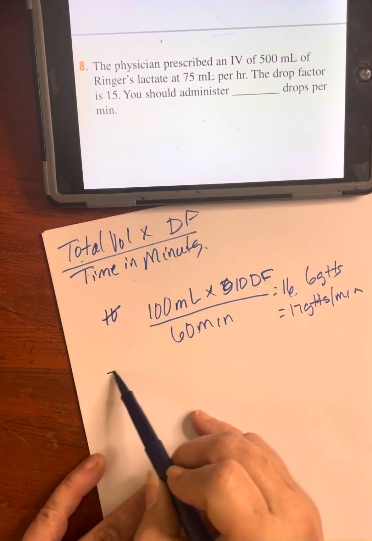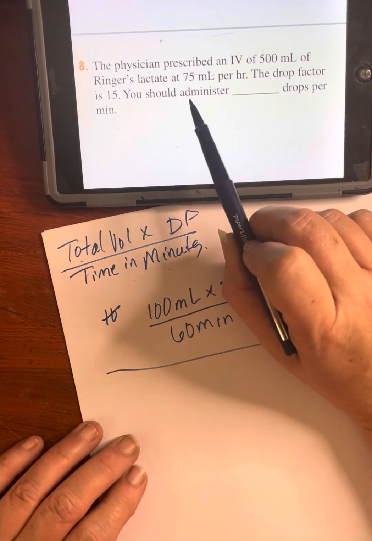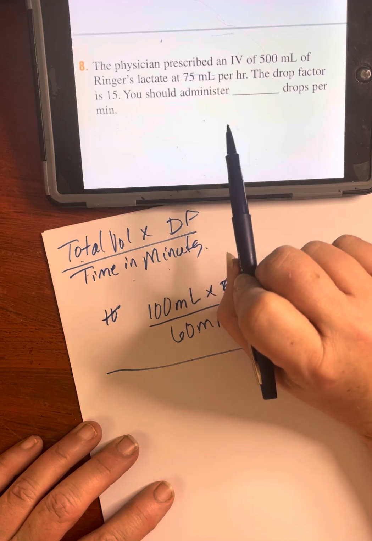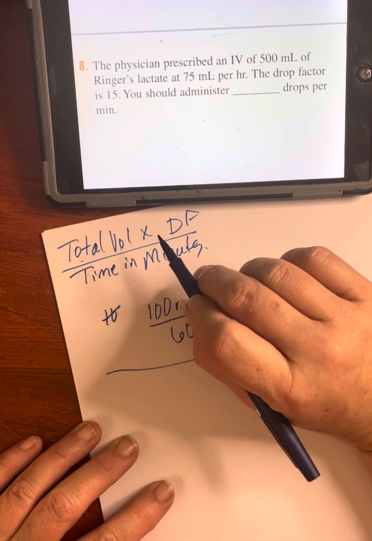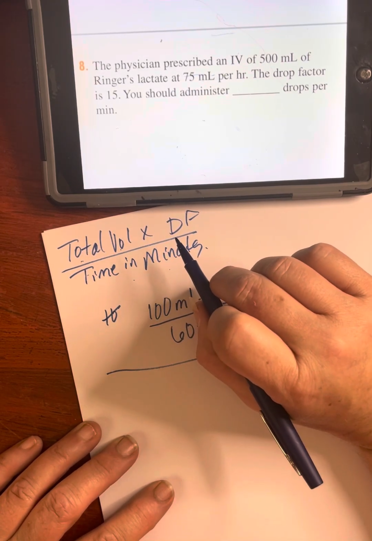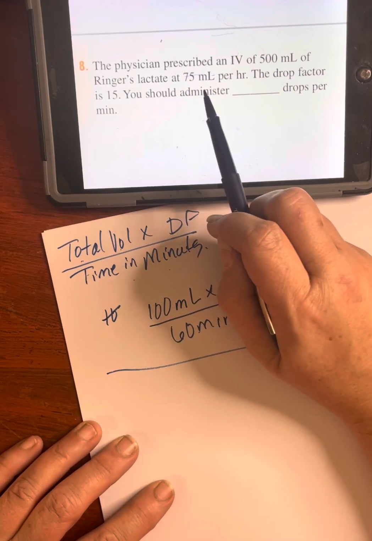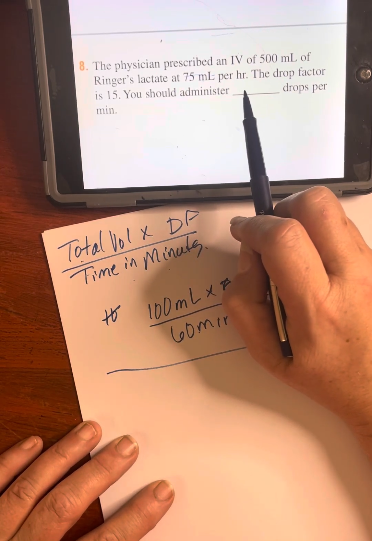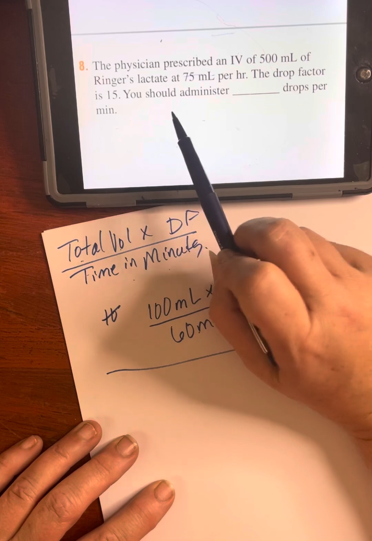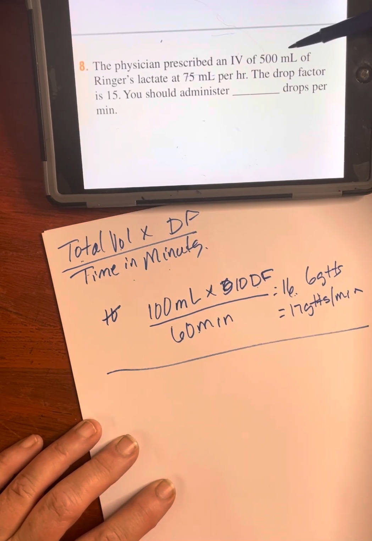The physician prescribed an IV of 500 milliliters of Ringer's lactate at 75 milliliters per hour. The drop factor is 15. The total volume is 500 milliliters, but they didn't say over how many hours.